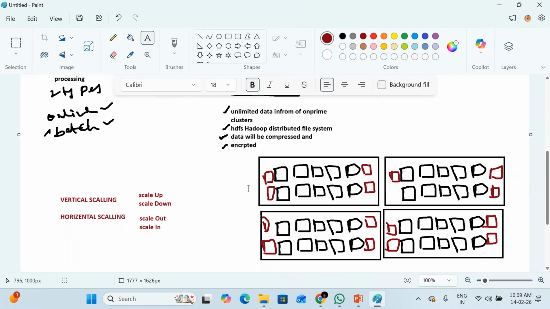Now, for understanding purposes, suppose you have a mobile, sir. Your mobile has 16 GB RAM and some 1 TB storage. You feel it is not sufficient. Then what will you do? Increase the storage.